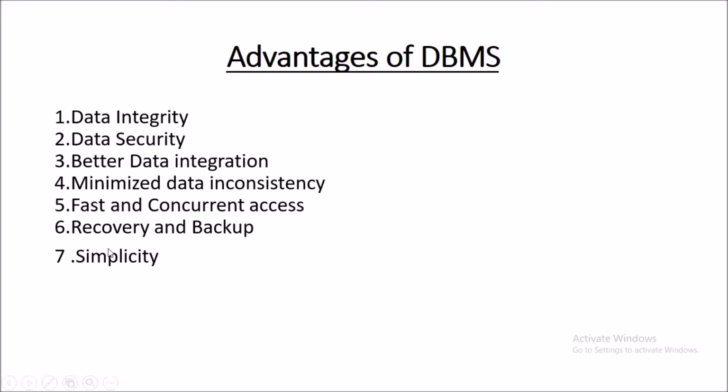Now next is recovery and backup. DBMS automatically takes care of recovery and backup. The user is not required to take periodic backups as this is taken care of by the DBMS. Now next is simplicity. DBMS allows us to understand data better with a clear and simple logical view. With DBMS, many operations like deletion, insertion, or creation of a file or data are easy to implement.